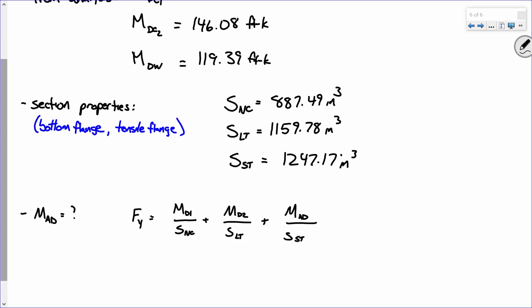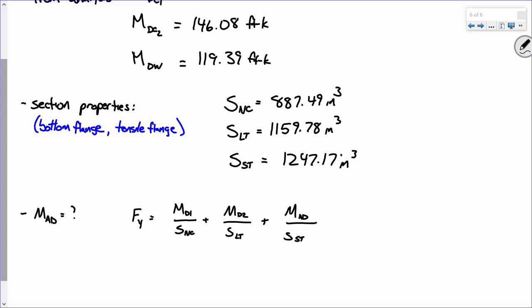But one final thing we've got to throw in there, and that's our load factors. When we compute yield moments, we're typically looking at a strength limit state. So if you recall, for DC, the load factor was what, 1.25? And for DW, the load factor was what, 1.5? Remember that? The strength 1 load combo? So I propose this is what we've got to do.